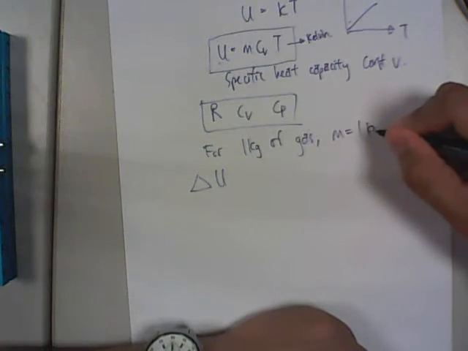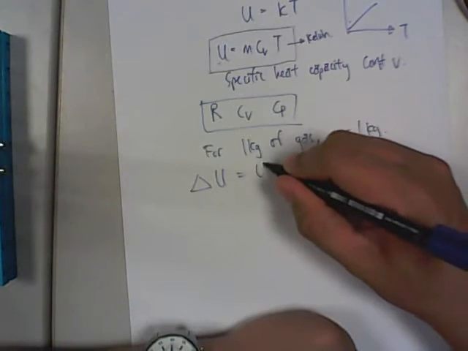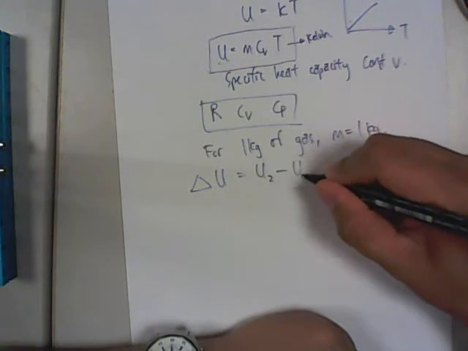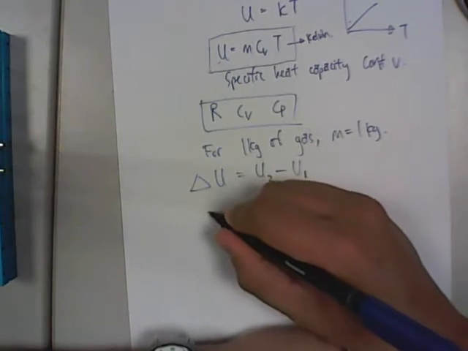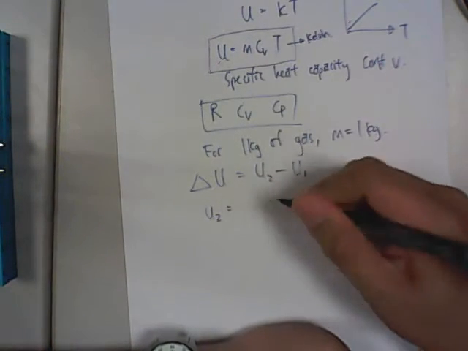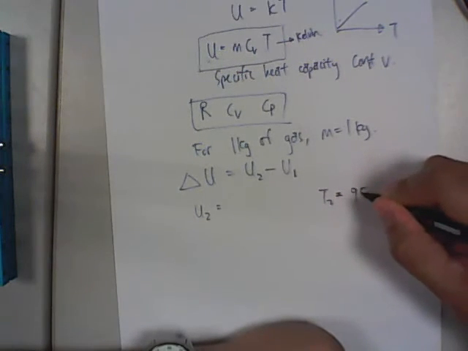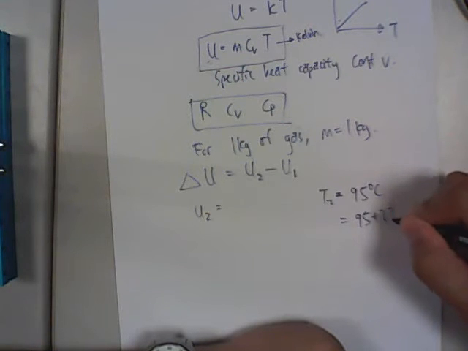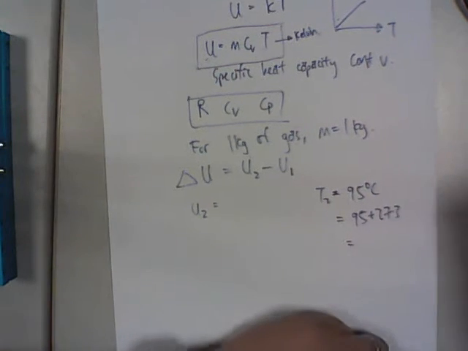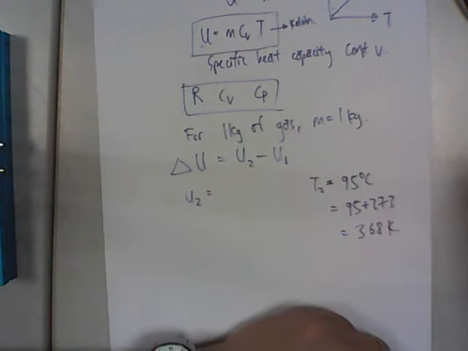Mass equals 1 kilo. So this change is the final state minus the initial state. What is U2 over here? Your T2 is 95 degrees Celsius, which is 95 plus 273, which gives 368 Kelvin.